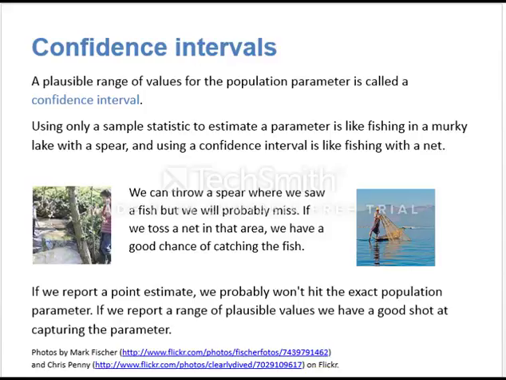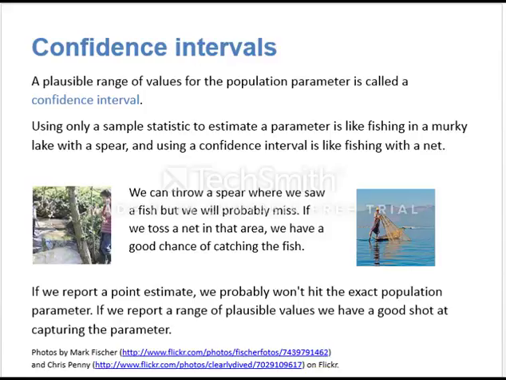You could go out and spearfish, but there's a reason why most people are not spear fishermen. You have a high probability of missing. If you are even slightly off from your target, the fish, you're going to miss. So it's a very difficult objective to be on the spot. Versus if you use a net for fishing, you have a wide area and you have a really good chance of catching fish.